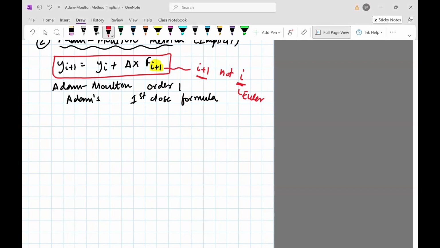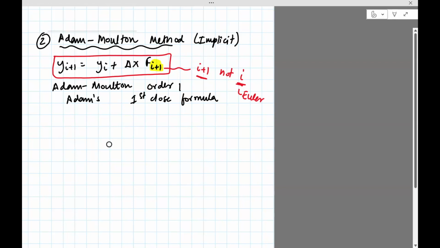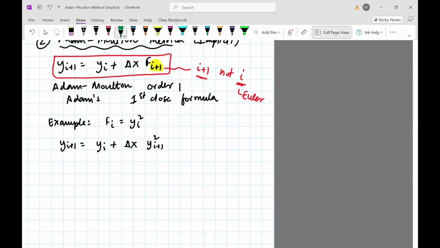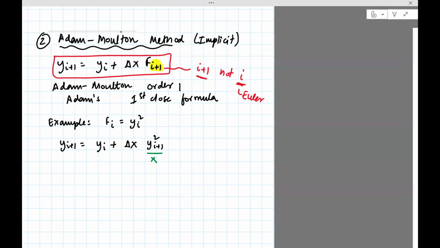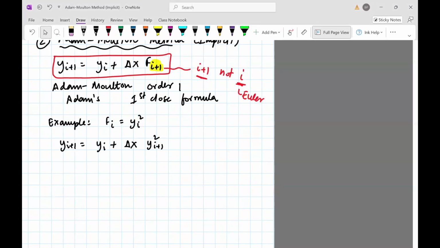To illustrate this further, let's take an example. If f of i is y_i square, you'll have y_{i+1} equals y_i plus delta x f_{i+1}, so it'll be y_{i+1} square. This value is not available to you because it's asking for the value of y at the next time. But what you could do is move things around.